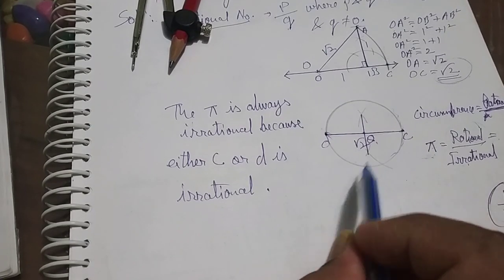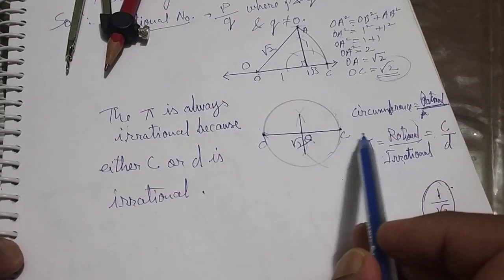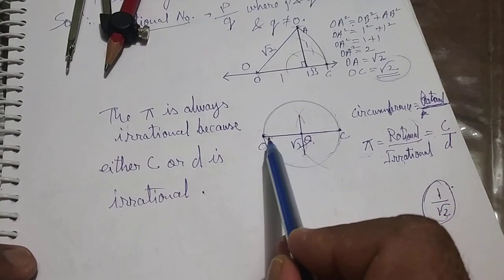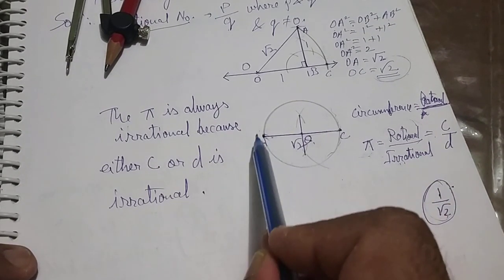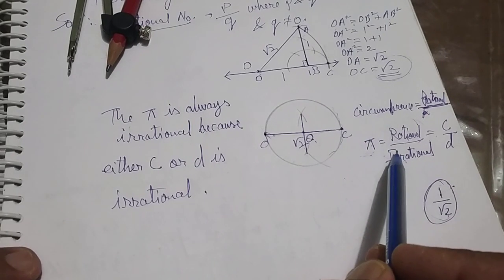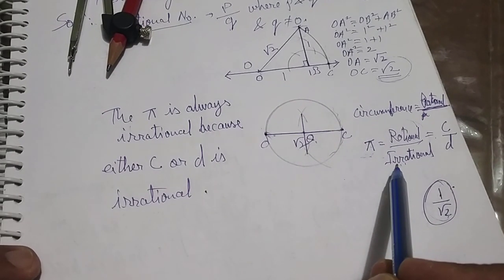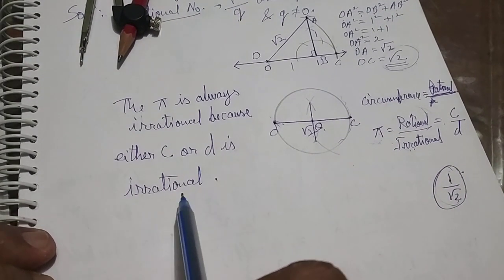One example I have taken here. In this example, I took this diameter irrational. We got this circumference rational. And the ratio of rational and irrational is always irrational.